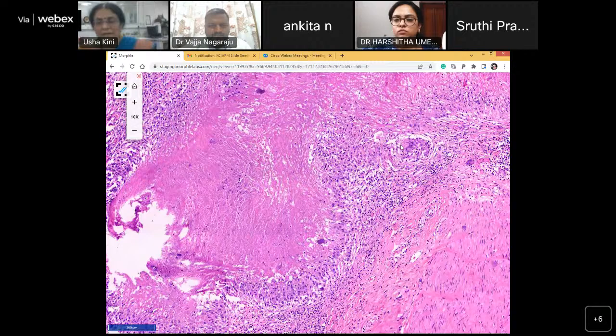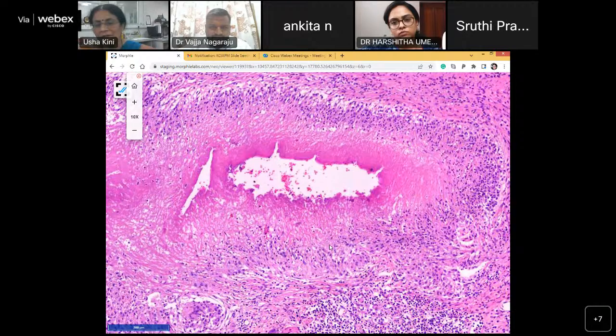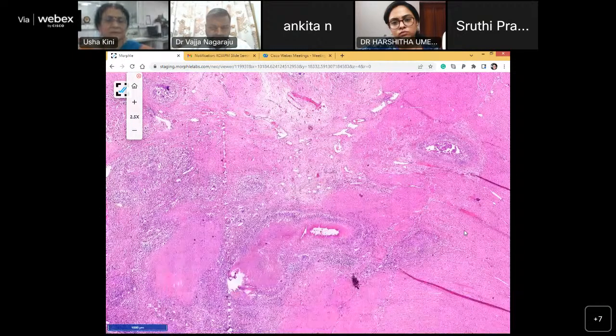Now Ankita should tell me, aren't you reminded that this is a medium-sized blood vessel in the muscle wall, with fibrinoid change? There is one more here. Look at this, there is lamination by the side. It looks like a blood vessel.